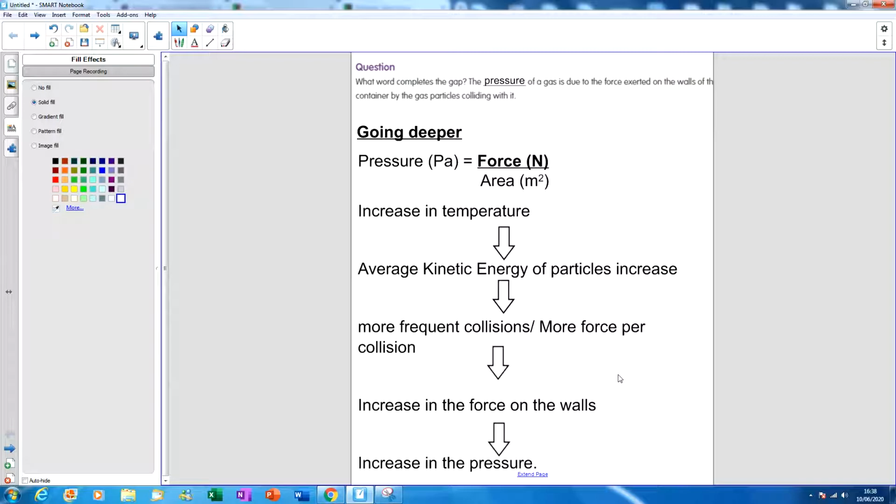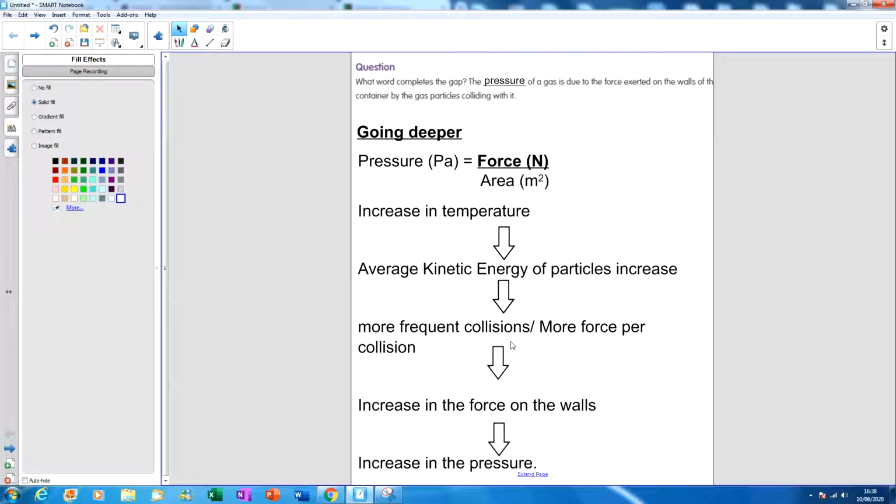If they're moving around quicker because they've got more kinetic energy on average, they are going to bump into the walls, and the area of the 4 walls haven't changed, but they're going to bump into the walls more frequently, and each time they collide with the walls, each colliding particle is going to exert a greater force than it would have done had that particle been going a lot slower.